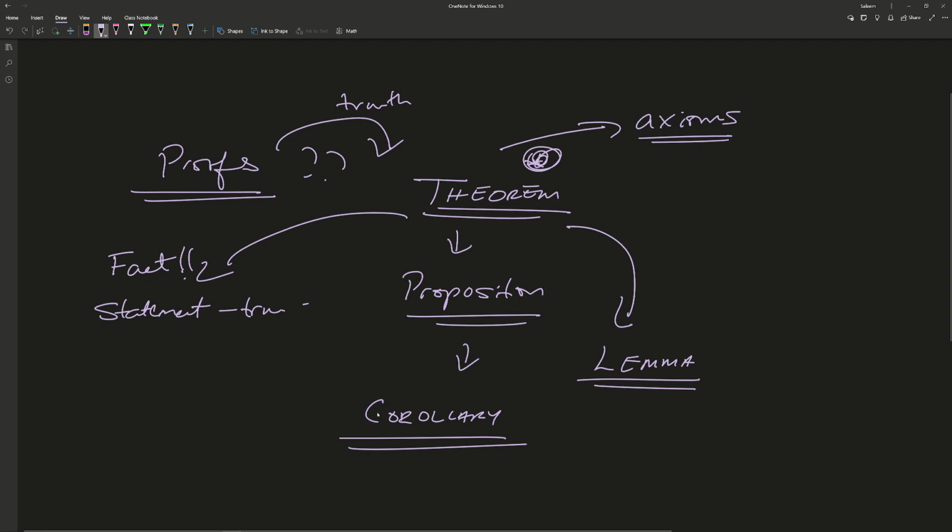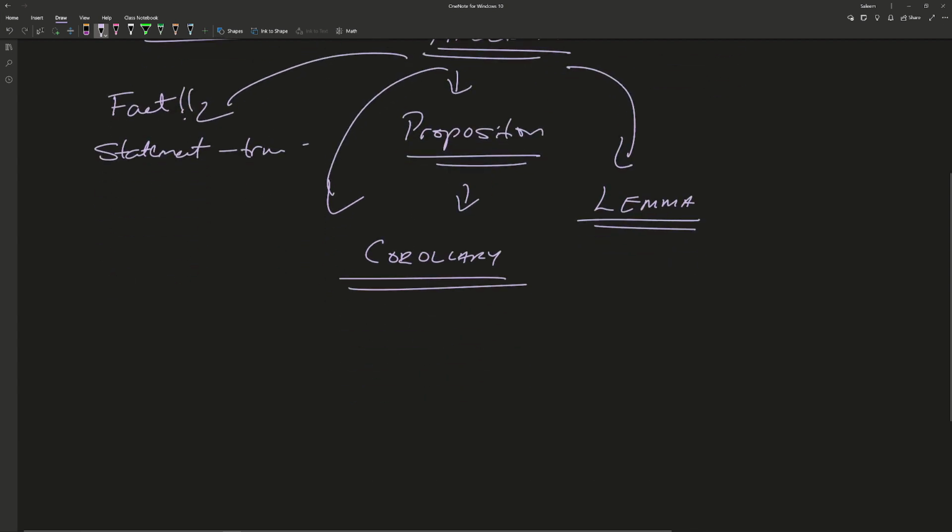That is what a corollary is. So all of these things are interlinked over here, and we need to understand the scope of this. Once we understand it, we understand where we are going. Of course, there's one more I left out. I don't need to really talk about it.